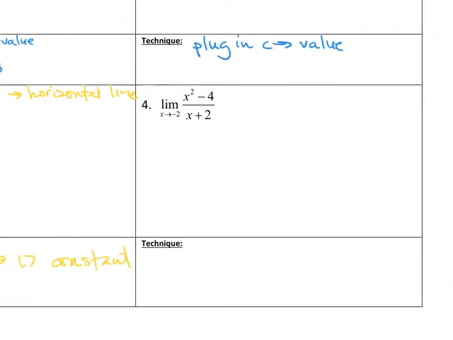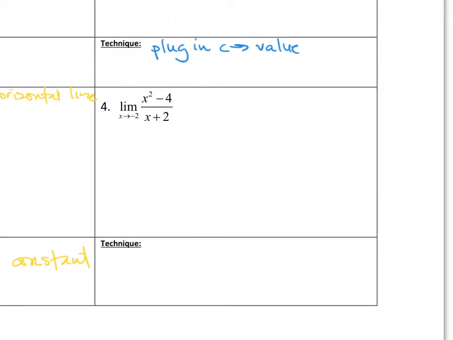For the next one, we are going to put the negative 2 in and see what happens. I would have negative 2 squared minus 4 over negative 2 plus 2, and if you notice, that gives us 0 over 0. What does that tell us? We have more simplifying to do. If you have something that is squared like this, chances are you are going to need to factor.